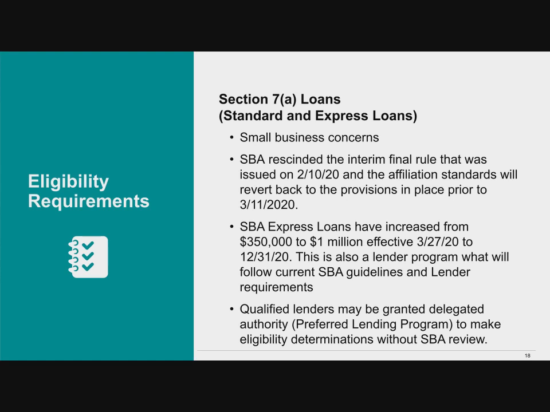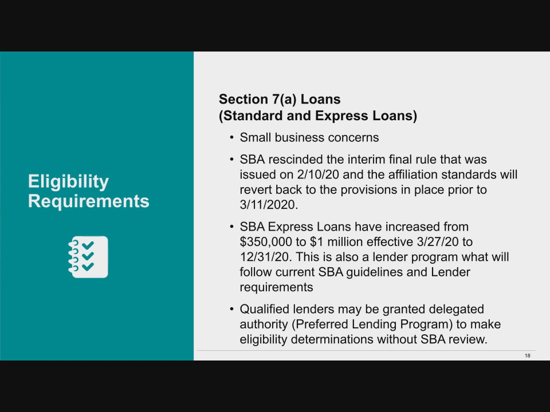That still may be a concern of the lender on a direct loan from your bank or credit union, and the affiliation still may be a concern. So as a regular 7(a) loan, we as lenders are still having to address those issues.